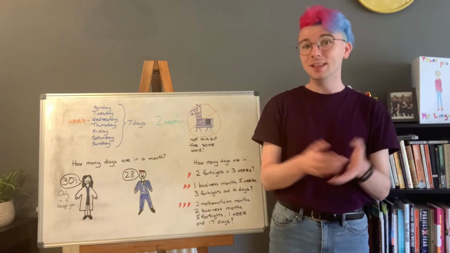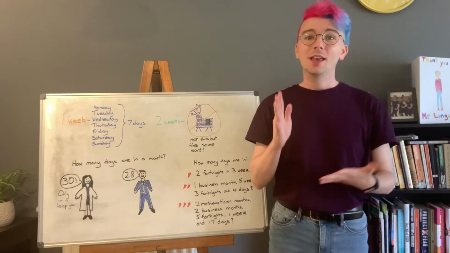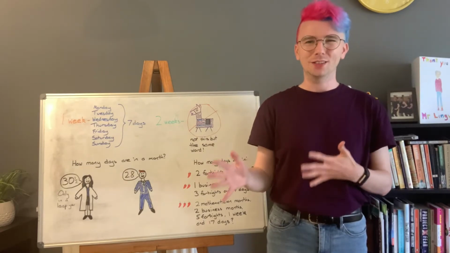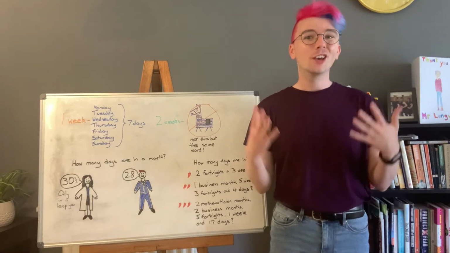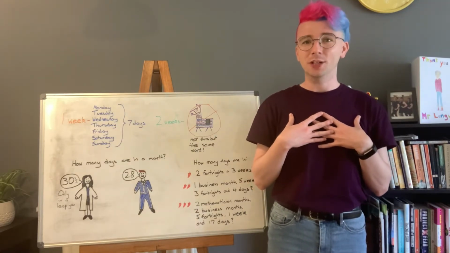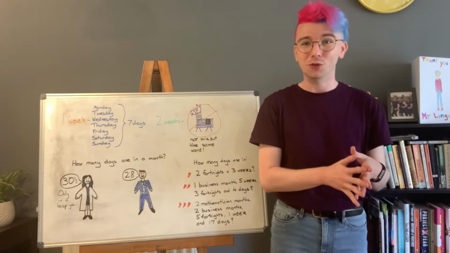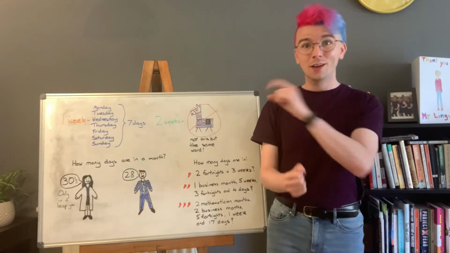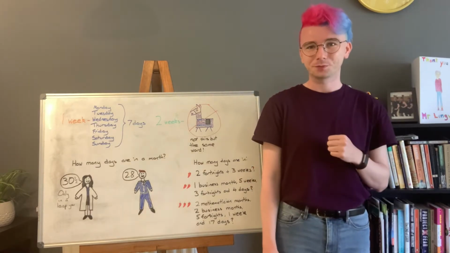So in business, likely when you're told, I would like this done in a month, they would like it done in 4 weeks rather than a calendar month. If I asked you to do something in a month's time, I would more likely want you to have it completed by the 22nd of October, 1 calendar month in the future. But our business person here would want it on the 20th of October, exactly 4 weeks today.